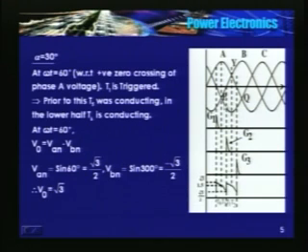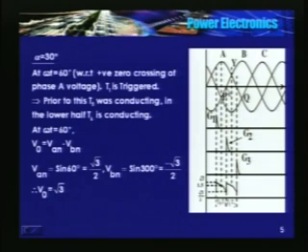Now 30 degrees beyond P, T2 is getting triggered. Let us see the output voltage just prior to triggering T2. At that instant, VAN is proportional to sine 120, that is root 3 by 2.